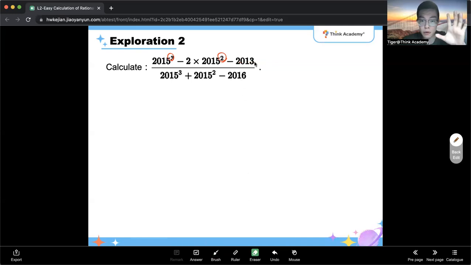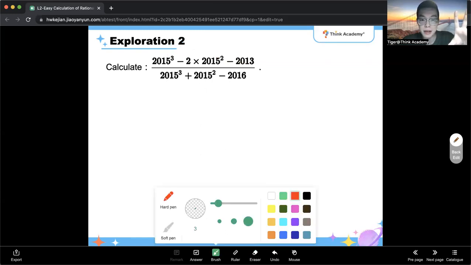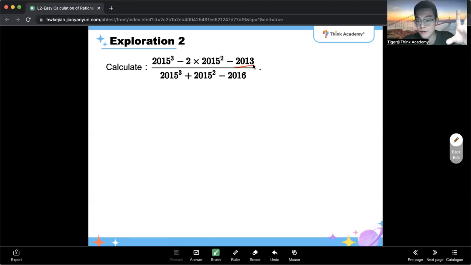So if I try to work it with 2015, it means that I need to take away 2015 and then adding 2, right? Which means that even if I can conclude these 3 terms by a common multiplier of 2015, I still have a single 2 right there.